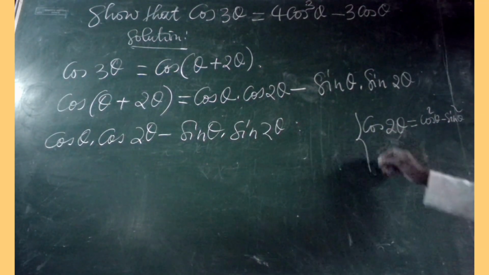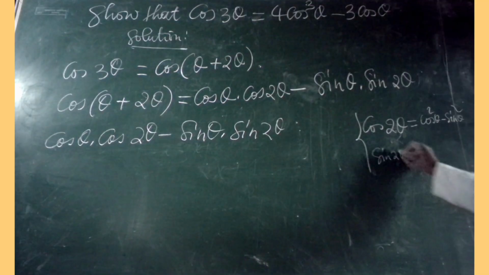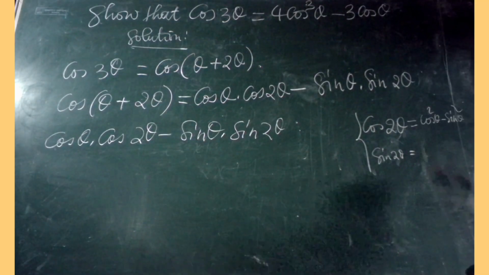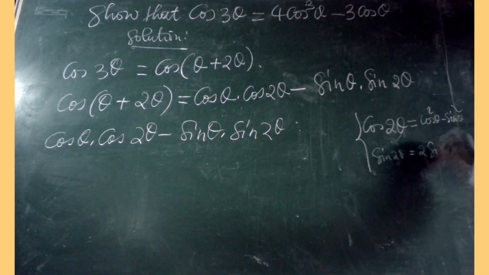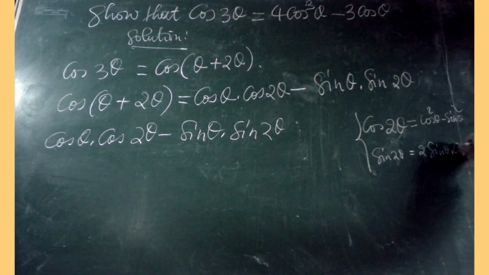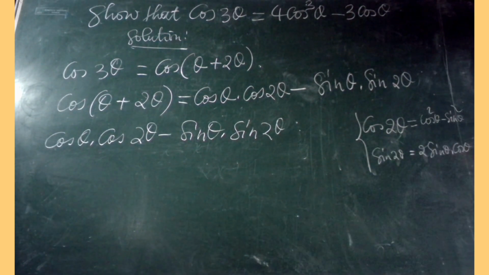Also, when we have sine of 2 theta, it should be equal to 2 sine theta times cosine theta.